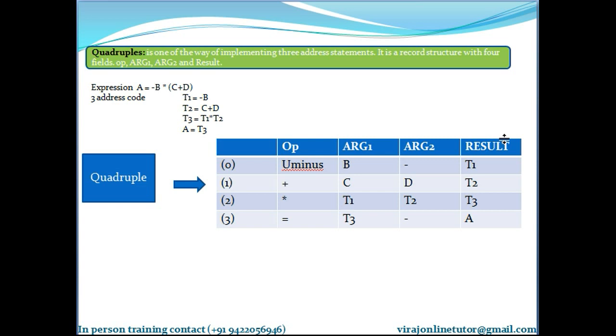So how to represent this quadruple? The operator field contains an internal code for the operator. There are two levels of specificity which the op field may have.